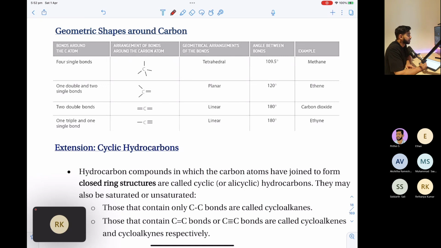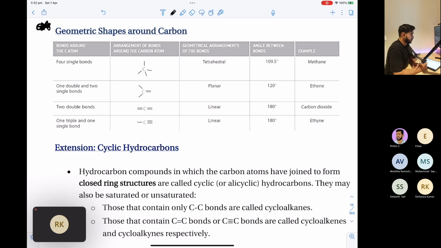They love asking you what the bond angle is depending on the number of bonds carbon has. So I need you guys to pay double attention to this part. You will either get it as an MCQ question in your trials, or you might get it in your HSC. They love asking this from an exam point of view, even though I don't think it's as important in the topic of organic chemistry. Okay?